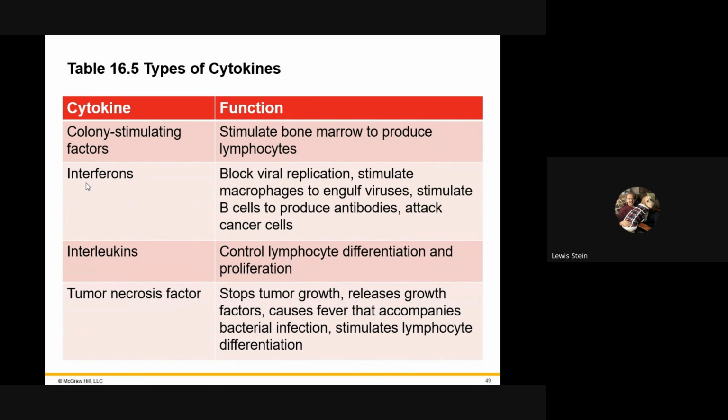Some interferons are part of the innate system. These interferons are much more specific. Okay, they are much more aggressive about viral replication and engulfing viruses, stimulating B cells, and even attacking cancer cells.